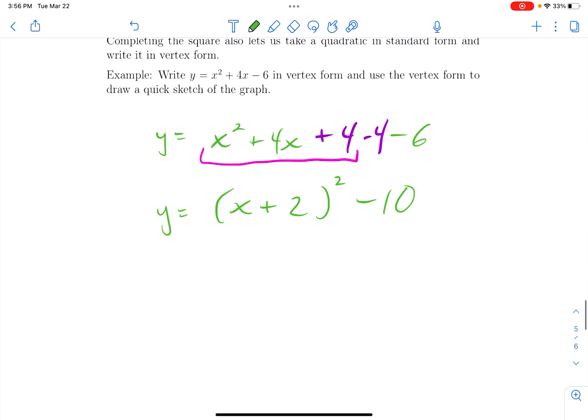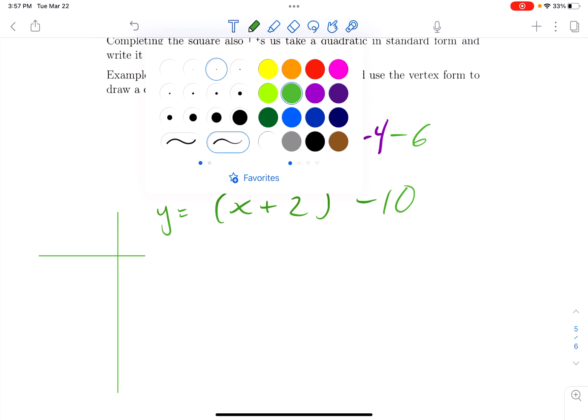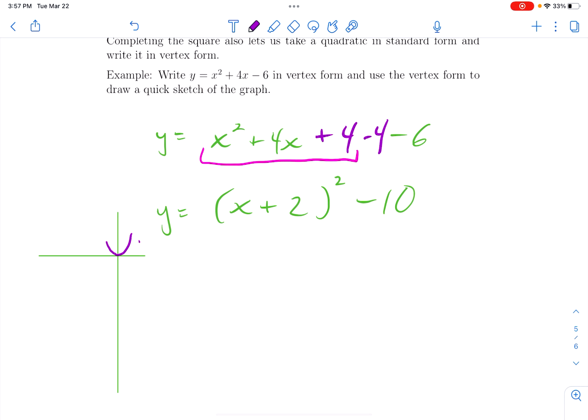This tells us about the transformation. If we wanted to graph this, it would be much easier than the original version, because this would be like our standard parabola x squared. But this is telling us we've shifted it 2 units to the left. This is telling us we've shifted it 10 units down.